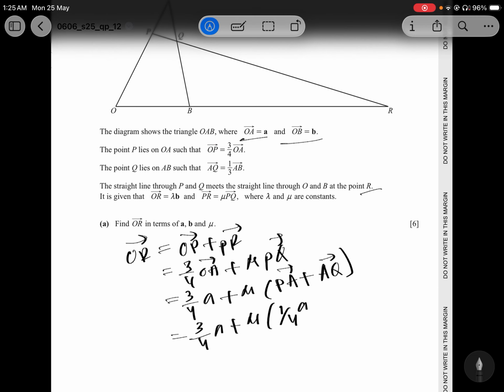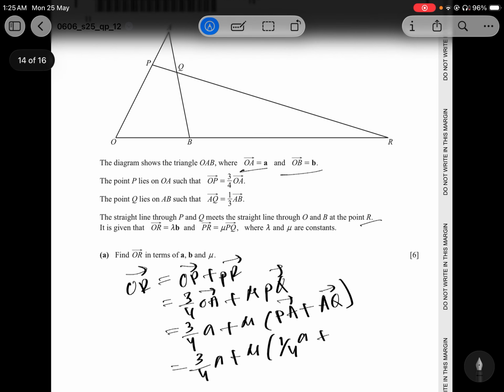And AQ is 1 by 3 AB. Now I have to find AB.